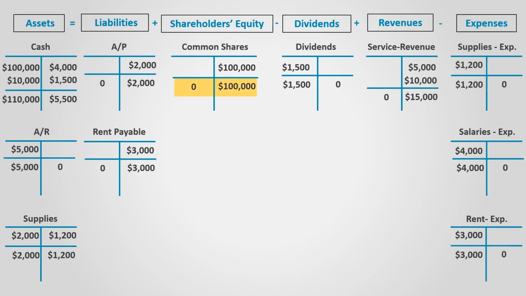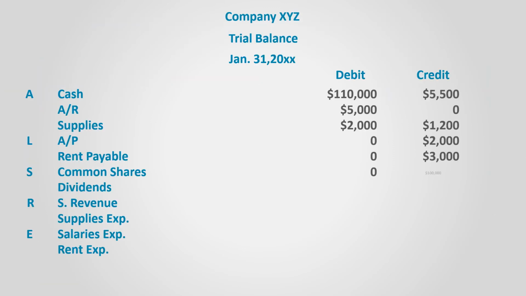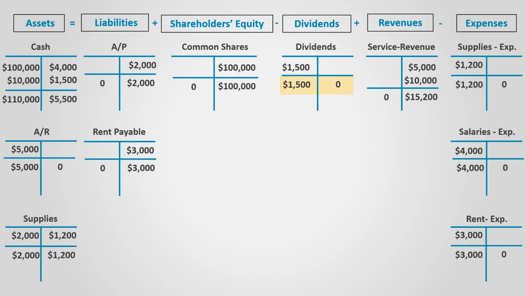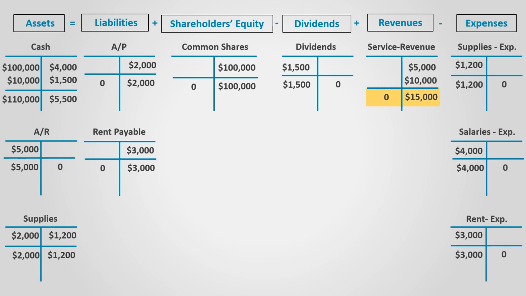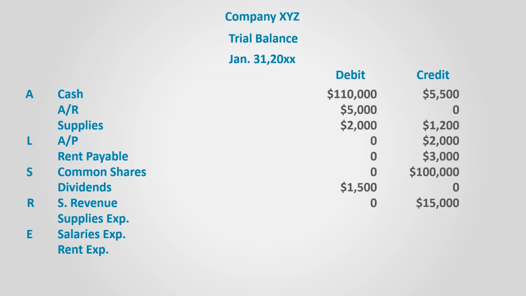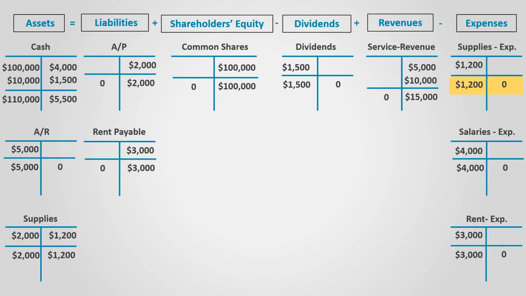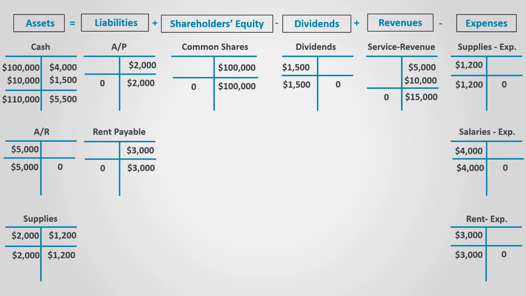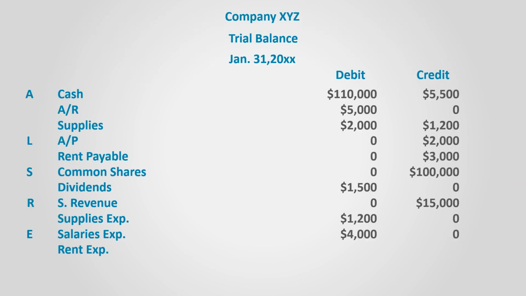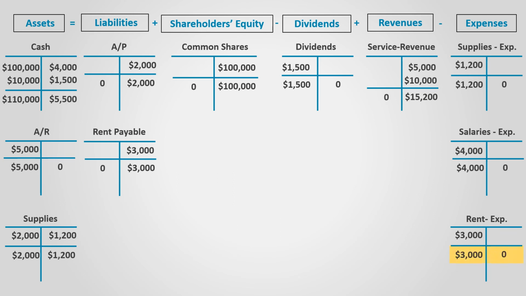Common shares 0 and $100,000. Dividends $1,500 and 0. Service revenue 0 and 15,000. Supplies expense $1,200 and 0. Salaries expense $4,000 and 0. Rent expense $3,000 and 0.